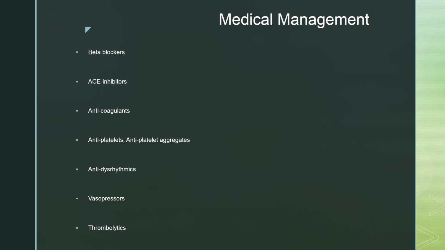Okay. ACE inhibitors is one of those cool medications that we really don't think about. Everybody, oh, you get an ACE inhibitor because you have hypertension. But ACE inhibitors actually have a mechanism that helps remodel the heart.